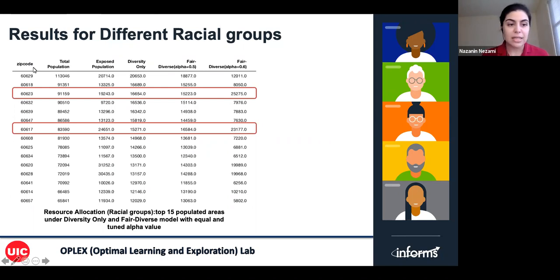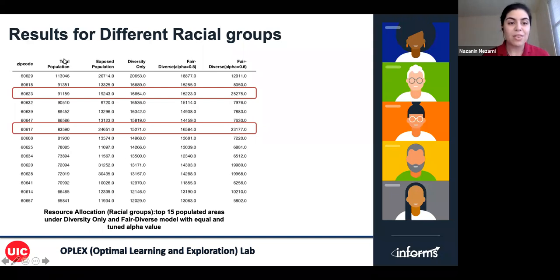As you can see, we sorted these areas in Chicago City based on total population. Then we compared our fair and diverse model with another model, which we call diversity only. The diversity only model only has the diversity component, so it doesn't consider fairness at all.